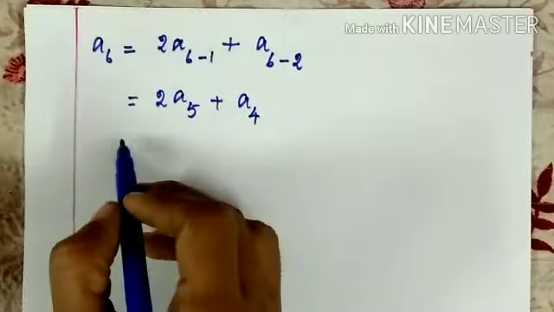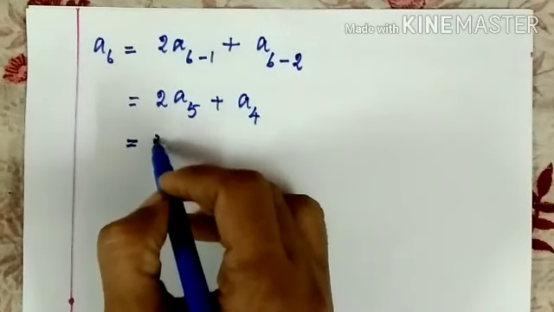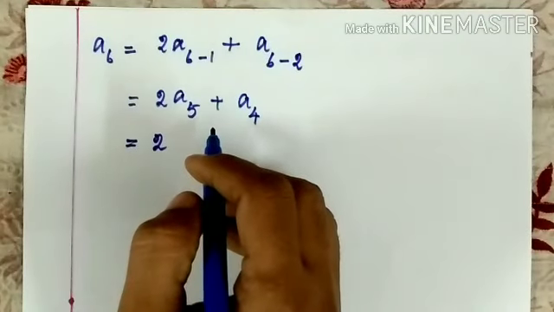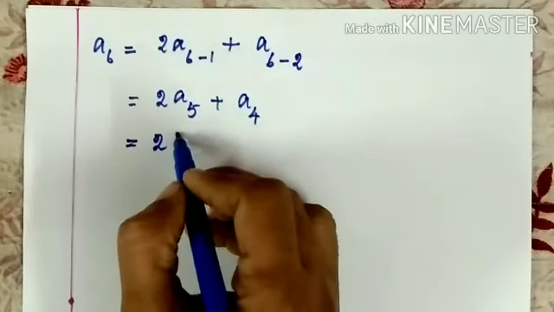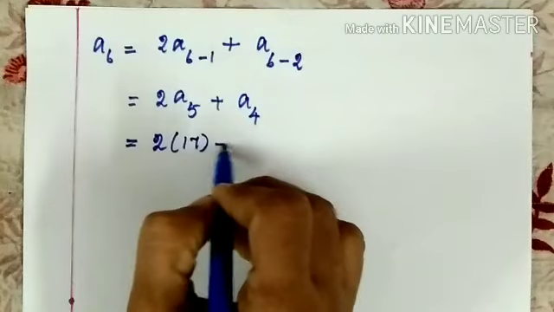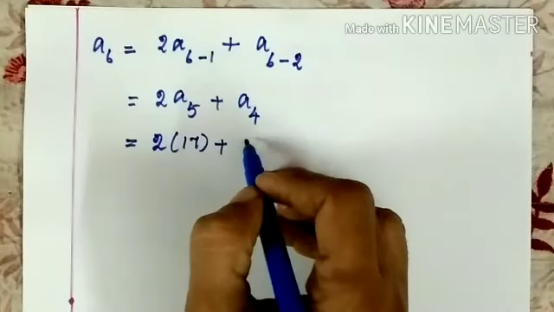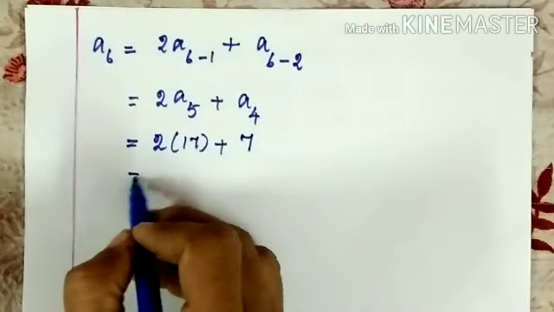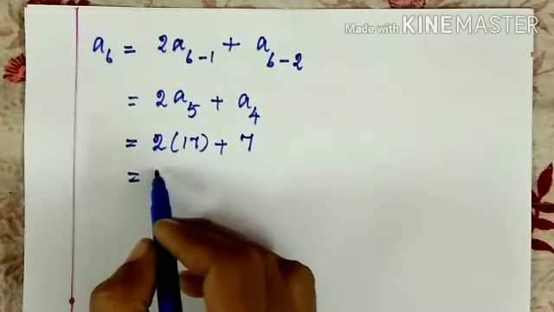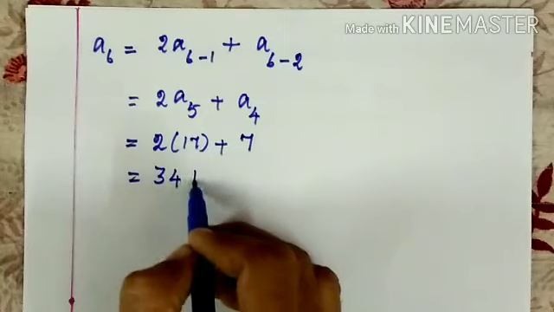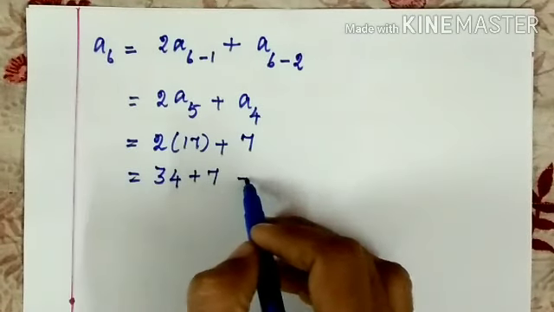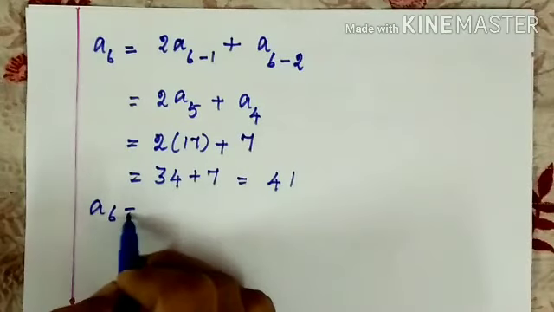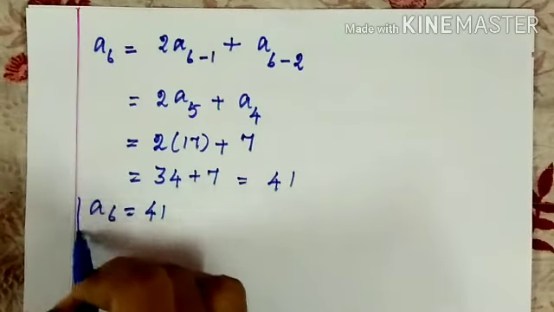Now you have to apply the previous steps answer, that is A5, the fifth term is 17, plus A4, the value of A4 is 7, which is equal to 2 into 17, 34, plus 7 is equal to 41. Therefore A6 is equal to 41.